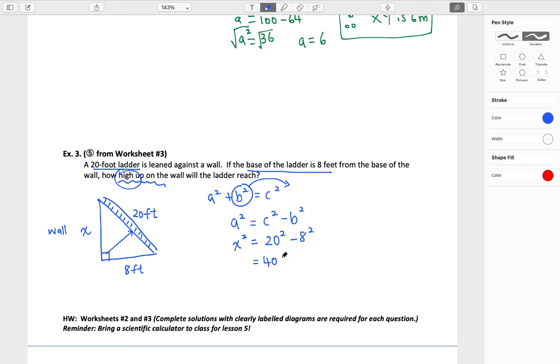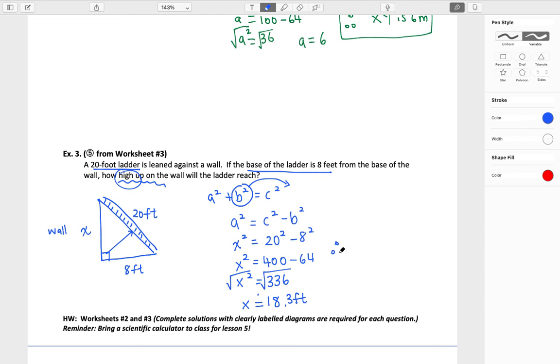So 400 minus 64 is x squared. So x squared, when you subtract it, you will get 336. And the opposite of squaring, you got to square root both sides. So x will give us about 18.3 feet. Okay, so you can round to the whole number if you like.